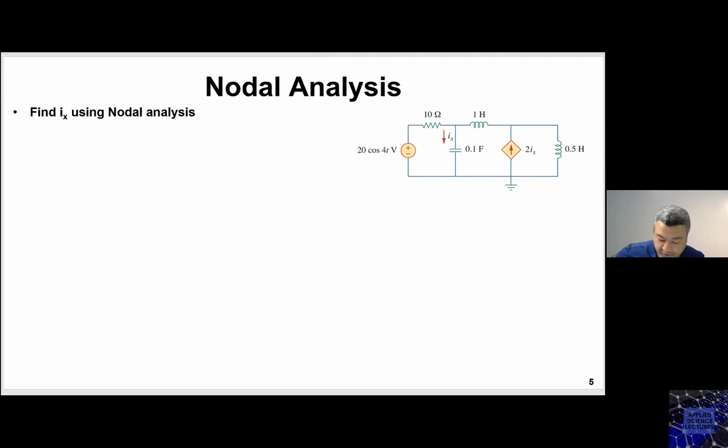We've seen how to find the Thevenin's equivalent circuit in AC steady states. Now we will be using nodal analysis, and you can also use mesh analysis.